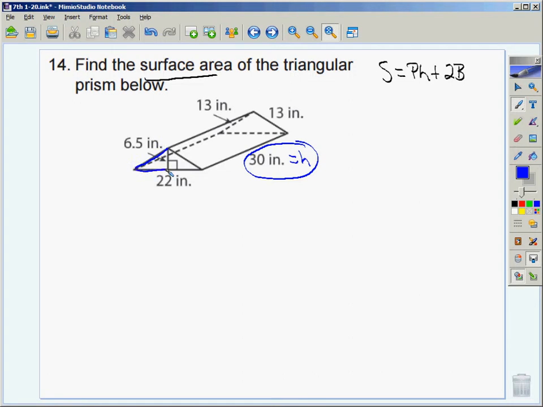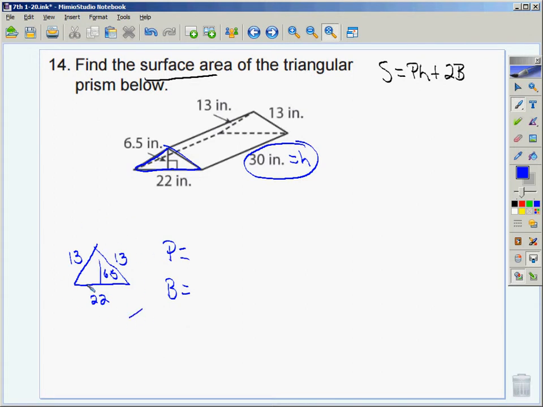This then is that base shape that I'm going to separate out. So I'm going to draw that triangle over here. This was 22. This was 13. This was 13. And inside of the triangle was 6.5. This is where P and B come from.